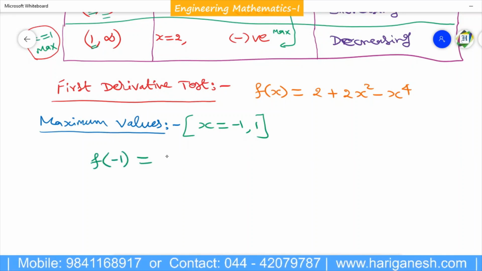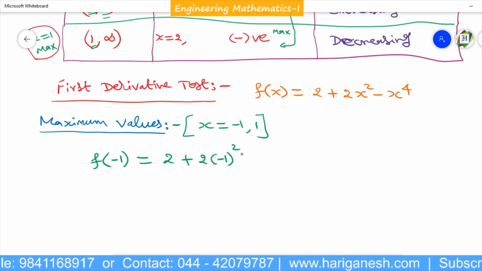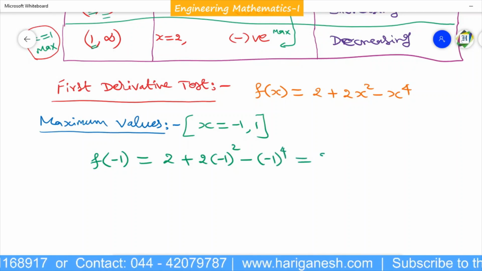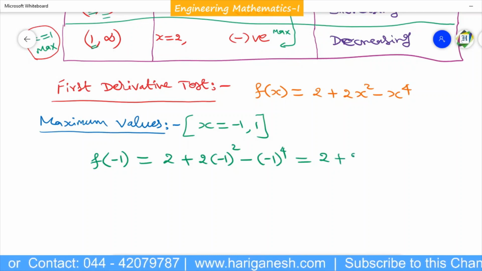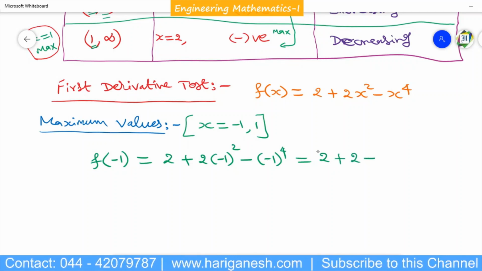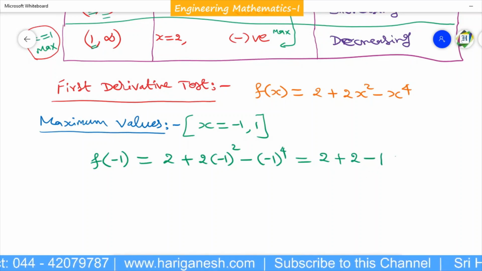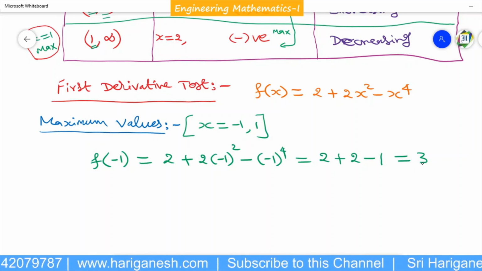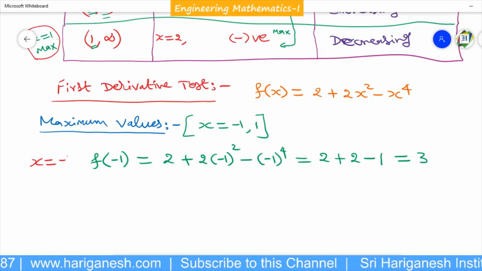Put minus 1 here: 2 plus 2 into minus 1 the whole square minus minus 1 the whole power 4. So 2 plus 2 is 4, 4 minus 1 is 3... so the maximum value is 3 at x equal to minus 1.